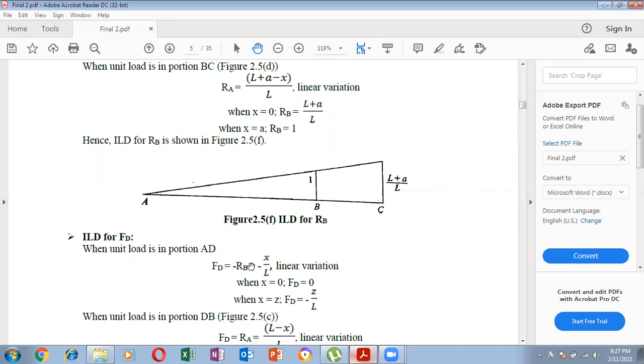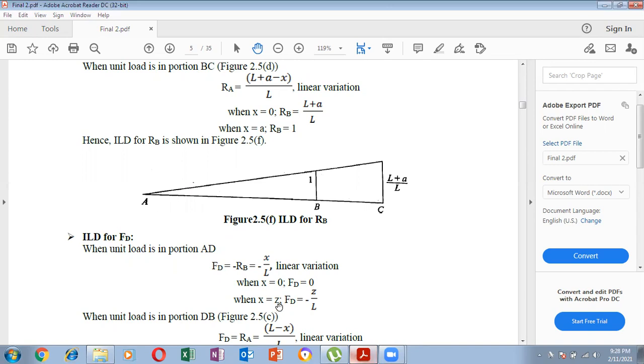We already found the RB value is X by L, which indicates that the shear force about D is equal to minus X by L, which is also a linear variation. Substituting the boundary conditions, X equal to 0, the starting point, gives shear force equal to 0.